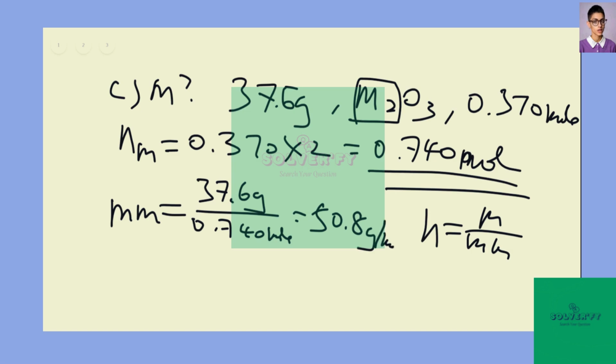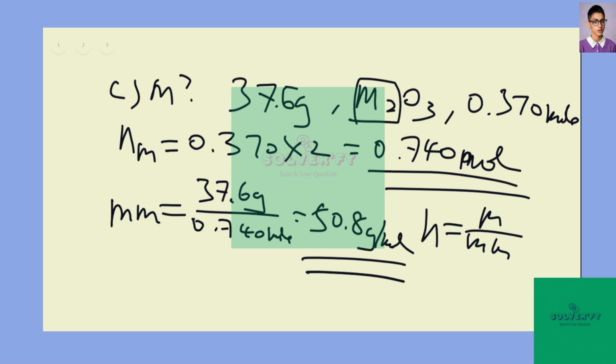gram per mole. So we go back to our periodic table and look for the metal that has a closer molar mass, 50.8.